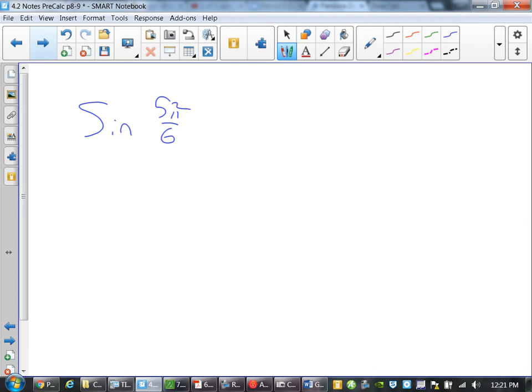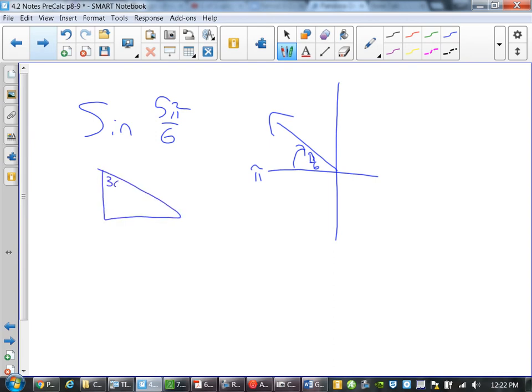The easiest way is to draw your quick plus sign, and then realize that here is pi. 5 pi over 6 is how far away from pi? Pi over 6 up. So its reference angle is pi over 6. Pi over 6 relates to which degree angle? 30, good. So I'm talking about the sine of 30 degrees.